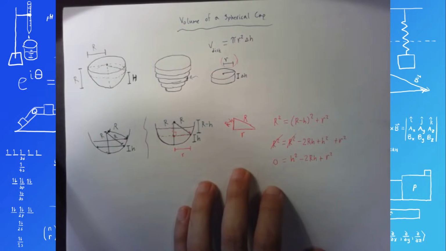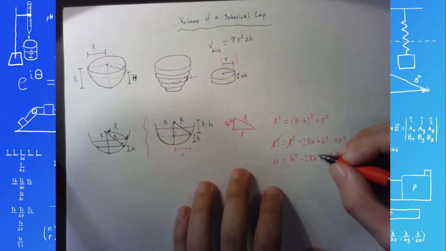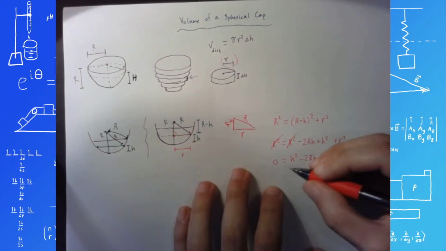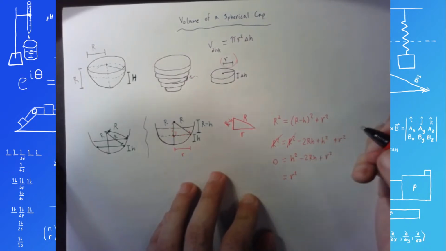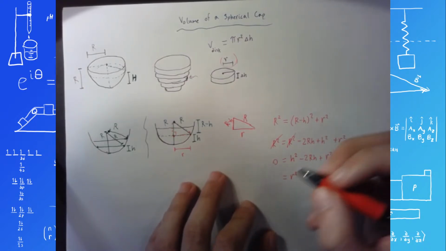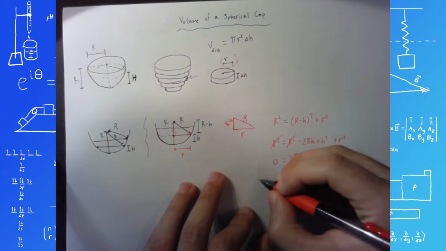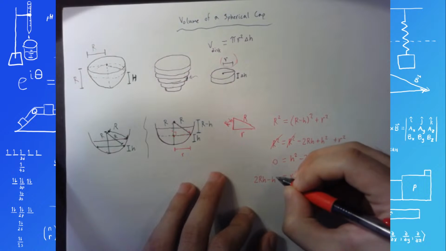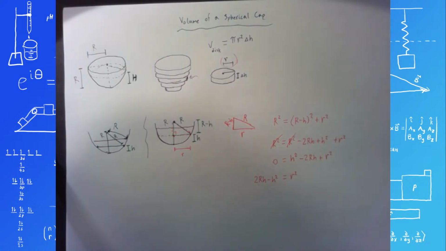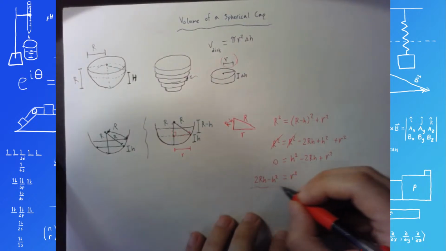What do I want to do next? I guess I want to solve for r squared, so add 2Rh and subtract h squared, and I get little r squared equals 2 big R h minus little h squared. Did I do all that right? It does look right to me so far.